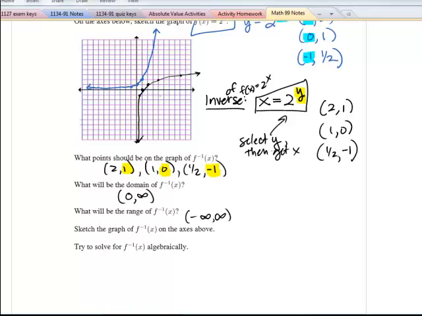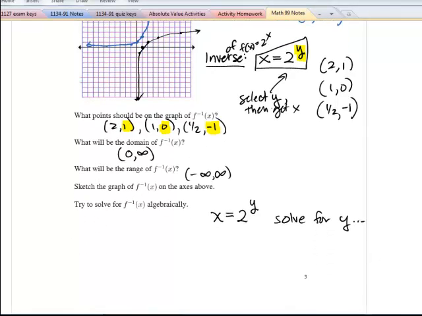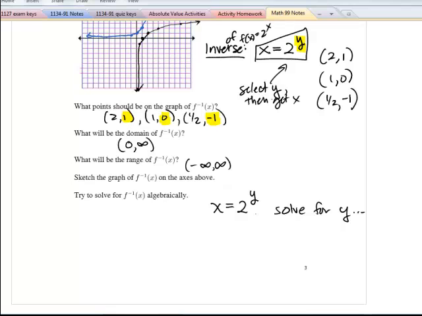So we already sketched the graph of the inverse, but if we try to solve for it algebraically, we get stuck. We have x equals 2 to the y. We want to solve for y, and the only way we can do that is to use logarithms, right? So we would have log base 2 of x is y. So the inverse function is the log base 2 of x.